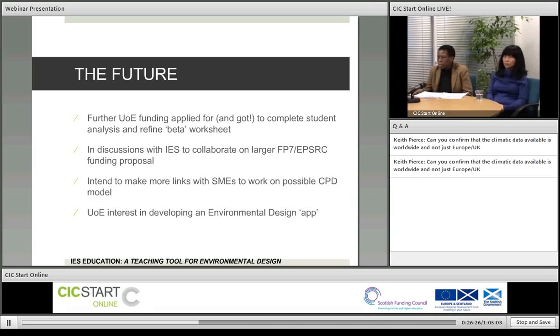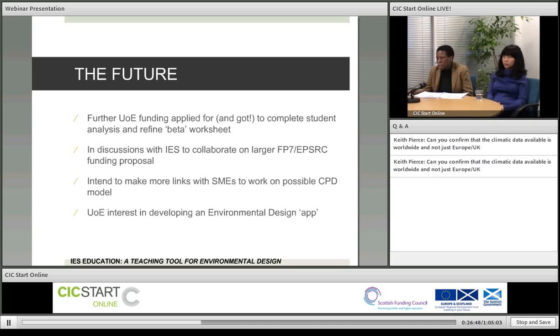And if we go to the next slide, you can see that there are people who may be interested in that. The University of Edinburgh was very interested in the work we've been doing so far, and we have had a meeting since the completion of the project with another senior representative of IES, and we're looking at developing the program further.